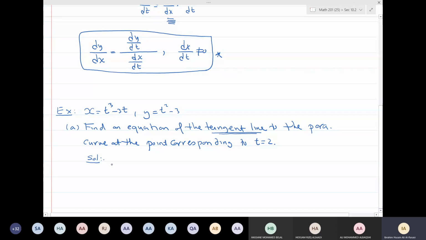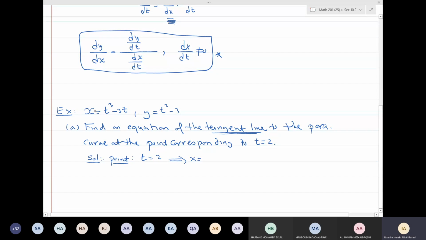First, start with a point. How to find the point? You have t equals 2. What is the corresponding point? What is x and what is y? You substitute in the parametric equations.